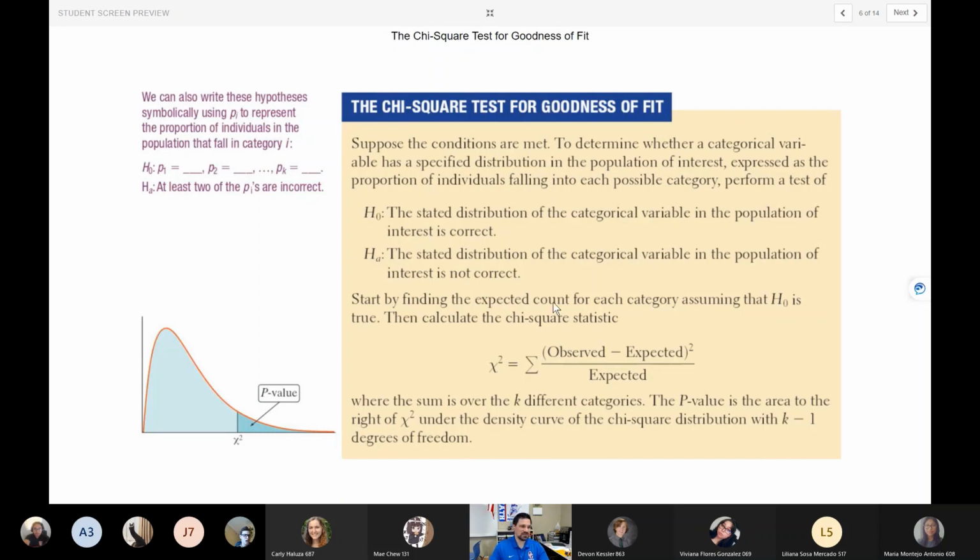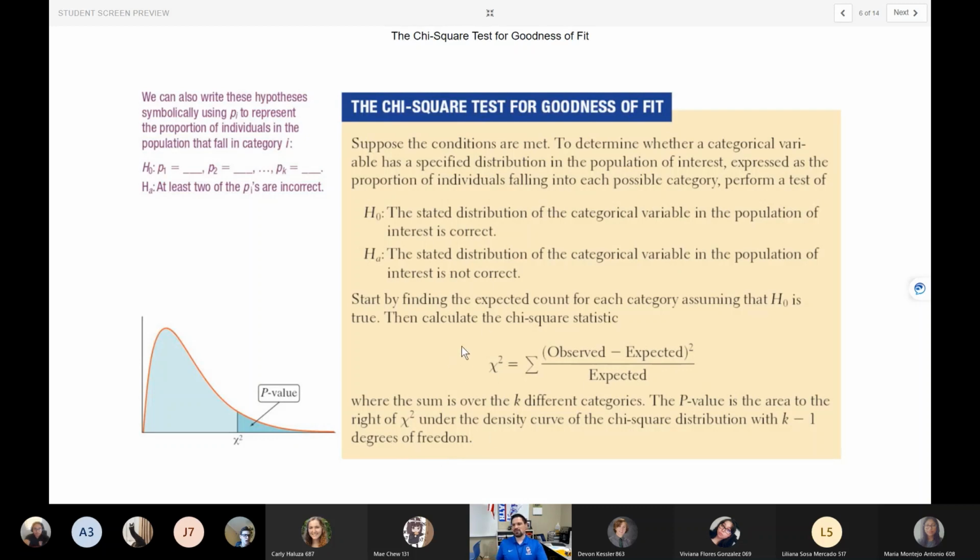We start by finding the expected count for each category, assuming the null hypothesis is true. Then we calculate the chi-square statistic: observed minus expected, squared, divided by expected, added up for each category, where the sum is over the k different categories. K is just a placeholder for the number of categories. The p-value is the area to the right of the chi-square statistic under the density curve of the chi-square distribution with k minus 1 degrees of freedom.